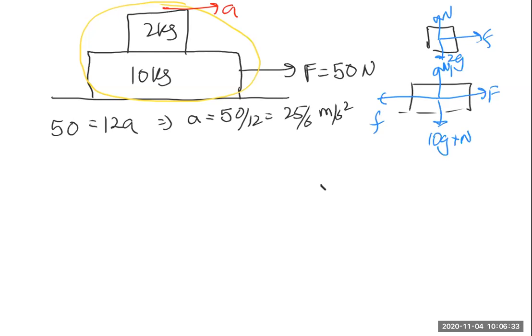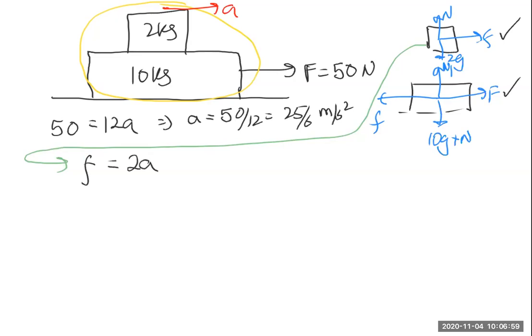Now you can consider either this FBD or this FBD, does not really matter. मैं ऊपर वाला FBD मान के चल रहा हूँ, तो ऊपर वाले FBD के हिसाब से for the upper FBD, F is equal to MA, right? Let me just, for this guy, F is equal to 2A, that means F is equal to 2 into 25 by 6 is equal to 50 by 6.